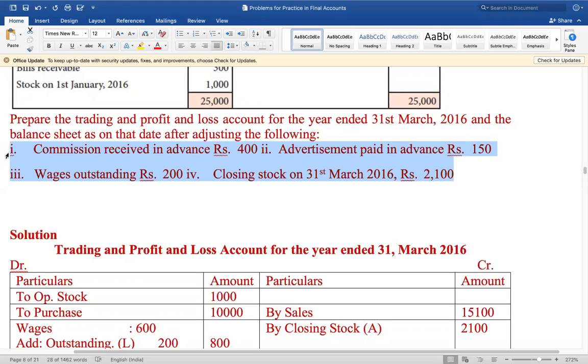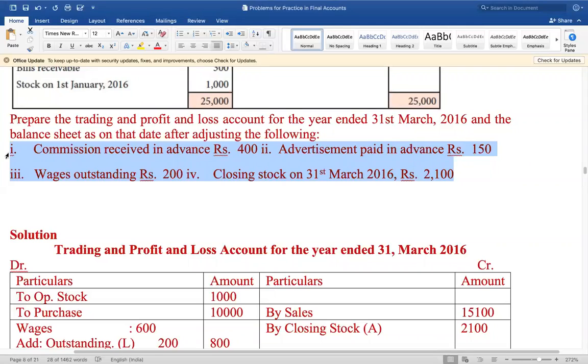Till it becomes due, it is a liability. Once it becomes due, it's your income, it's your own money. As of now, it is not your money. What is not yours is a liability. Okay, sir. Got it.